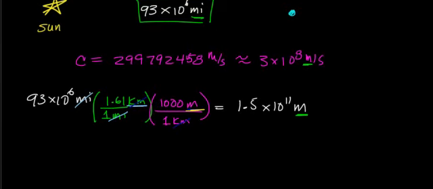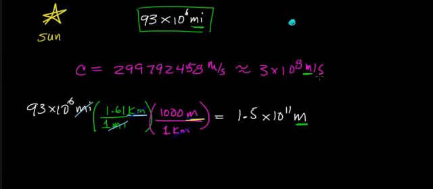So since light travels at a constant velocity, all we need to do to figure out time is say that, well, the velocity of light is equal to the distance it travels, let's represent it with a d, divided by time. So in order to figure out how long it takes for light to travel this 93 million miles, all we have to do at this point is solve this equation for the time.